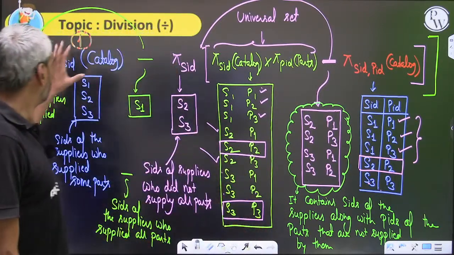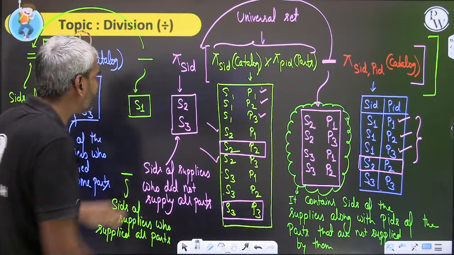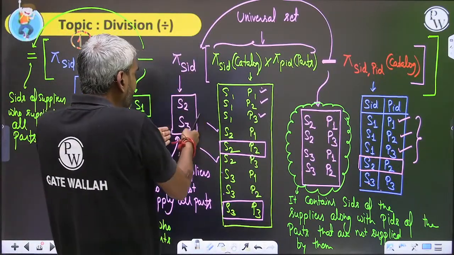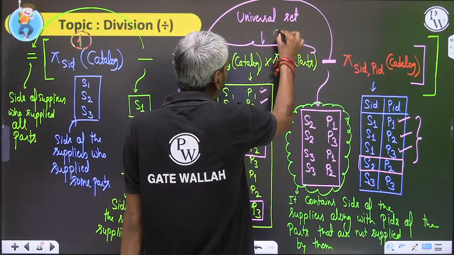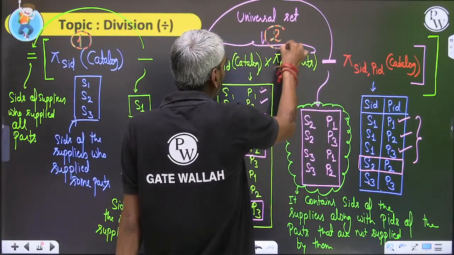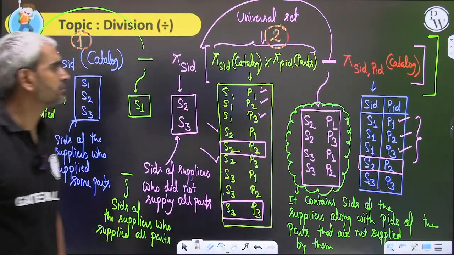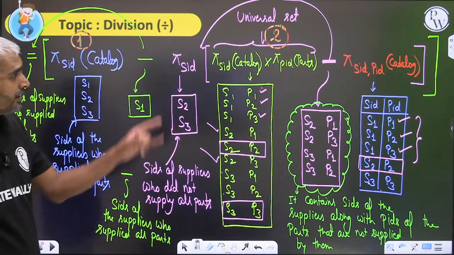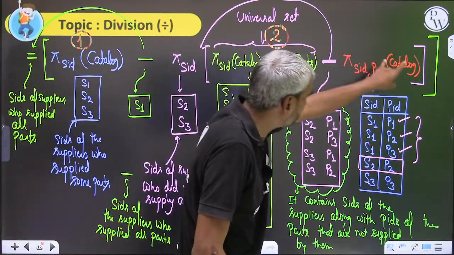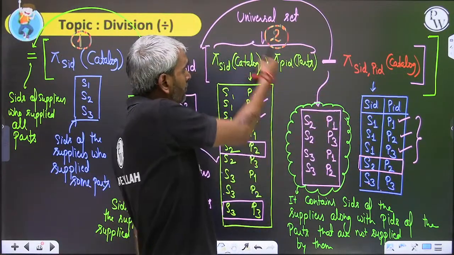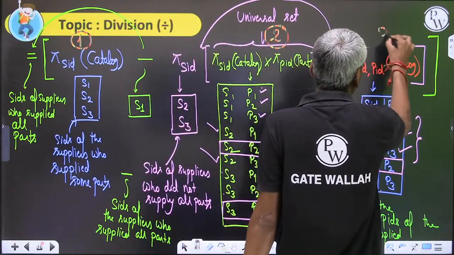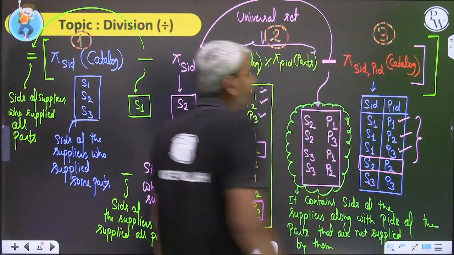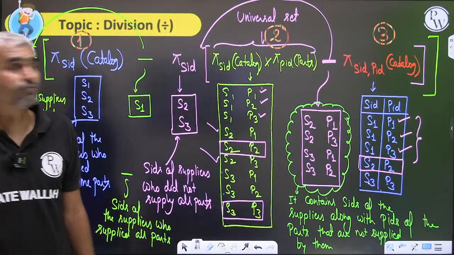Then, until this particular set of SIDs is available, you cannot read anything. So the next thing that will execute is, first of all, you will compute this cross product. Then, until you subtract this specific information from this universal set, you will not be able to understand what exactly is being produced. So that will be the third thing that will be performed.